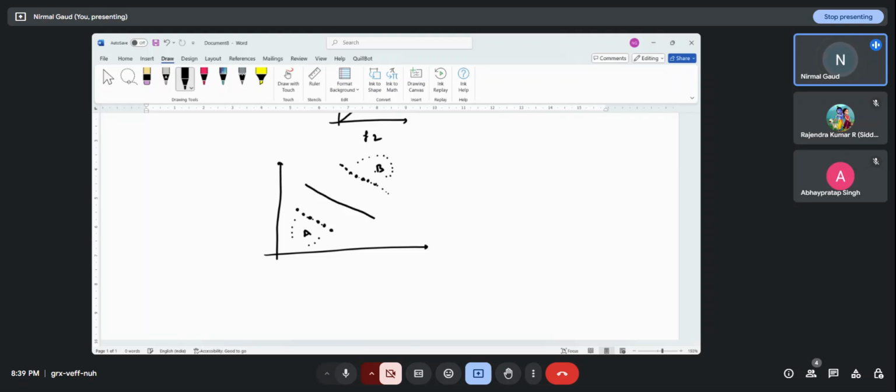Support vectors provide support for us to build the optimal hyperplane. We want the data points of class A and class B to be at a maximum distance. We want this distance to be max. This is called the margin. So we want this distance to be max so that I can clearly separate the classes A and B.